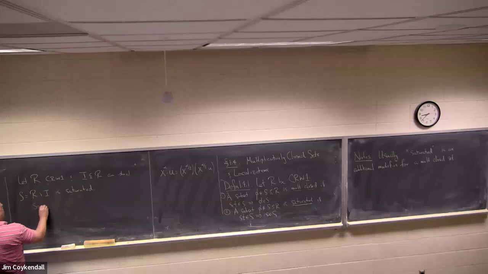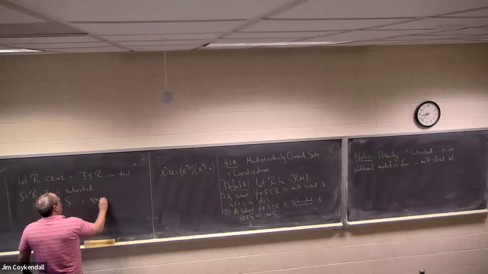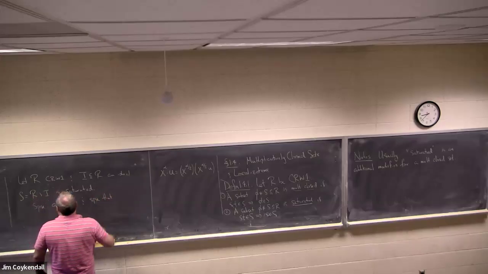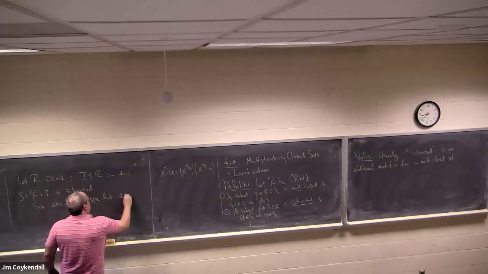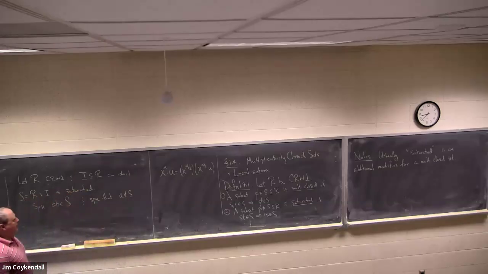Suppose ab is in S, where a, b are elements of R, and suppose that a is not in S. What does it mean for a to not live in S?